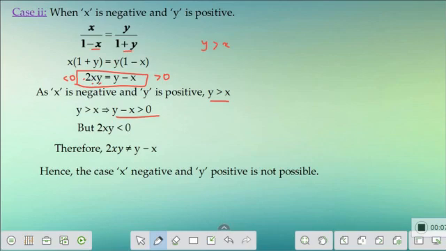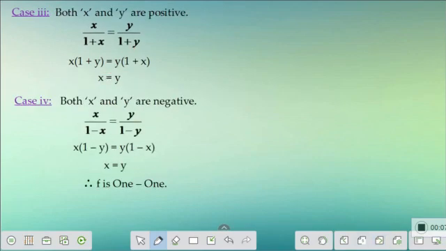Now let's check for both negative and both positive. When we check for both positive, it means f of x and f of y, where x and y are positive, give you x by 1 plus x is equal to y by 1 plus y. Again, when you do the cross multiplication, you will have x equal to y.